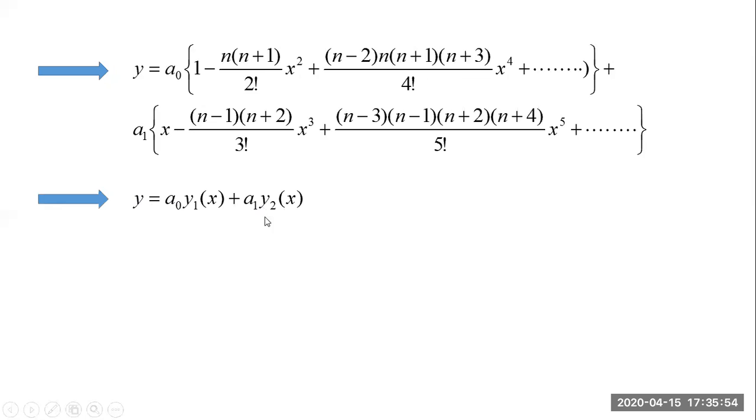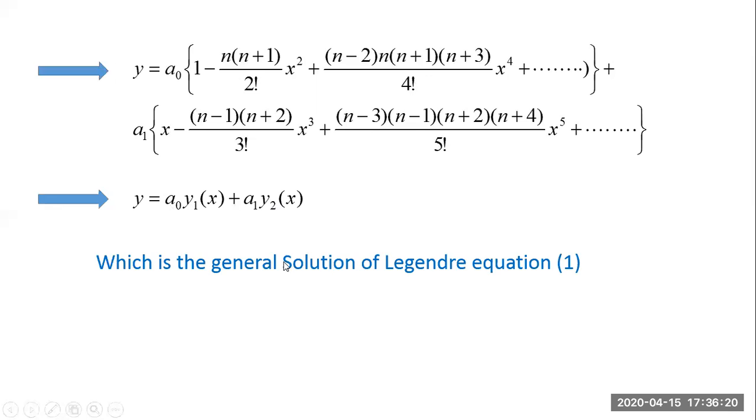So this is the solution of Legendre differential equation containing two arbitrary constants a0 and a1. Here both a0 and a1 are the arbitrary constants, and the two independent solutions are y1x given by this bracket, this sum, and y2x is the second independent solution given by this sum. So y equal to a0 y1x plus a1 y2x is the general solution of Legendre equation.